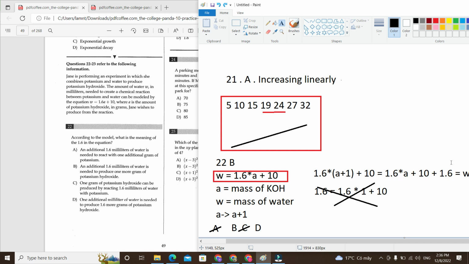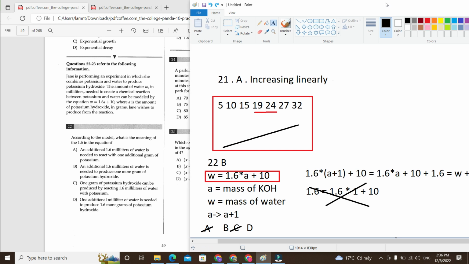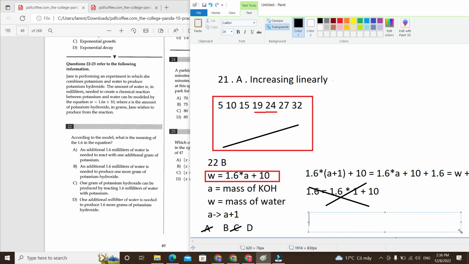I'm gonna explain number D again. So for D, 1.6 times A plus 1.6, because they say that we want to produce 1.6 more gram of potassium hydroxide, right? And plus 10, let's calculate the amount of water.